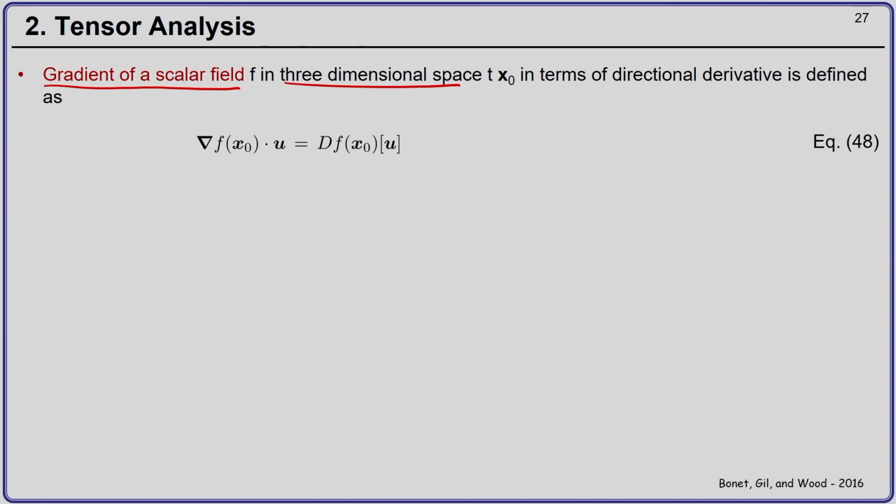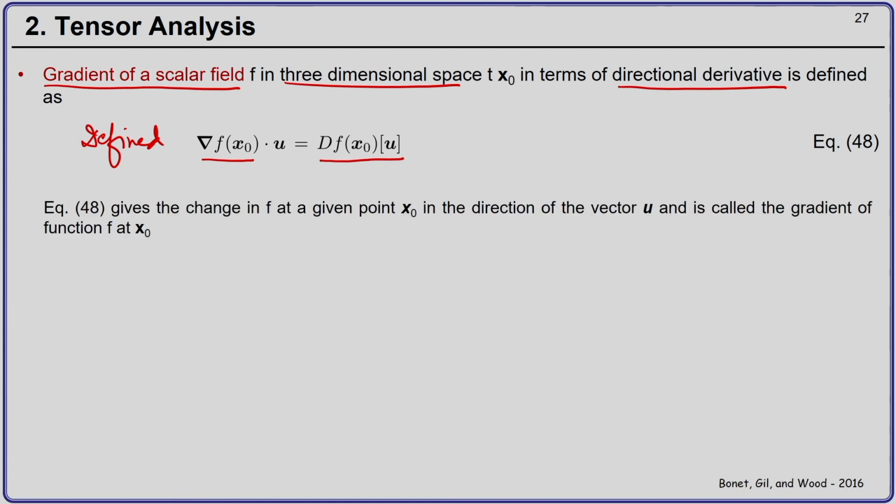We want to compute the gradient of this scalar field f at point x 0 in the direction u, and we will do this in terms of the directional derivative. The gradient of a scalar field f at x 0 in the direction u is defined as del f evaluated at x 0 dot u, which is nothing but the directional derivative of the scalar field f at x 0 in the direction u.